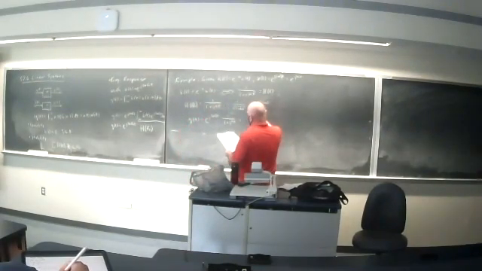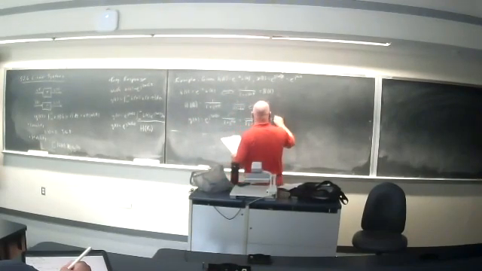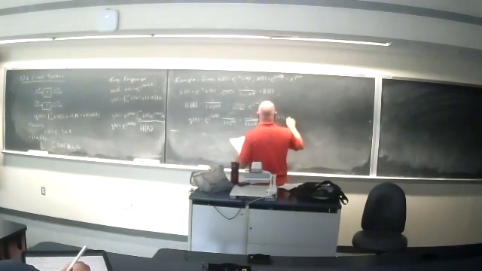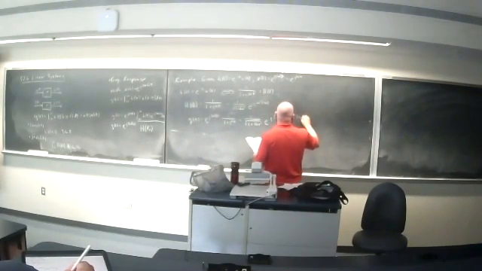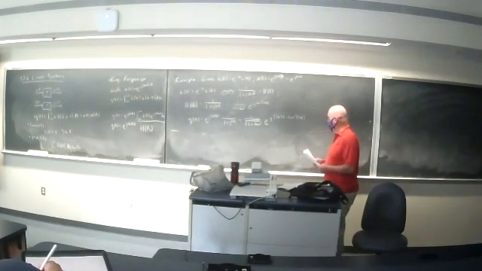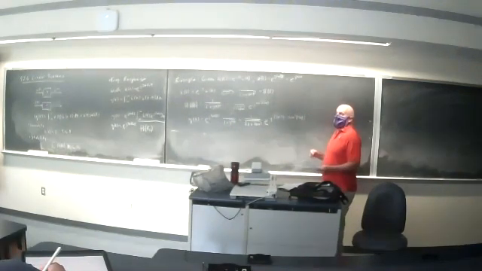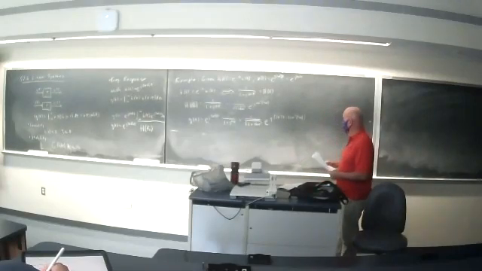Writing that in exponential form, it's 1 over the square root of 1 plus 16 pi squared, times e to the j 2 pi 2t minus arctangent of 4 pi. Any questions about that?